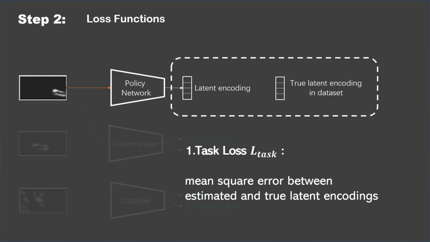The feature from the template object is sent to the policy network to extract the latent encoding. The policy network is trained to minimize a mean-squared error between the estimated encoding and the true encoding from our source dataset, which is used to map the features to the correct trajectory encoding.